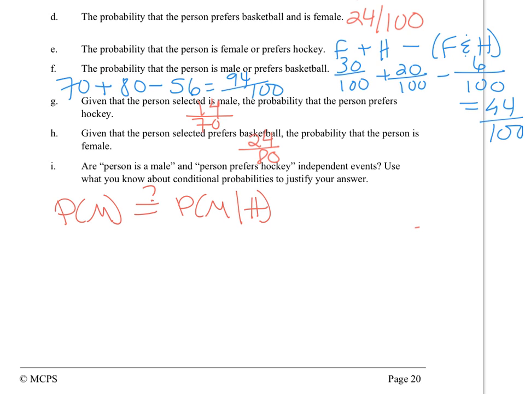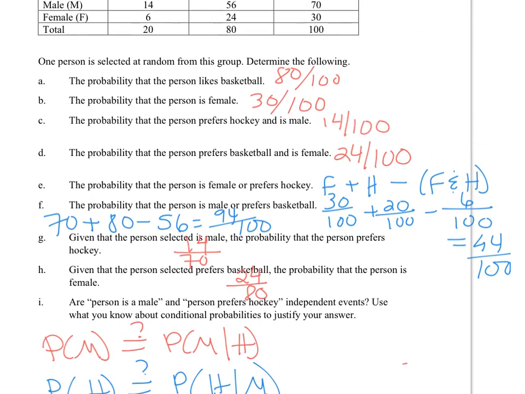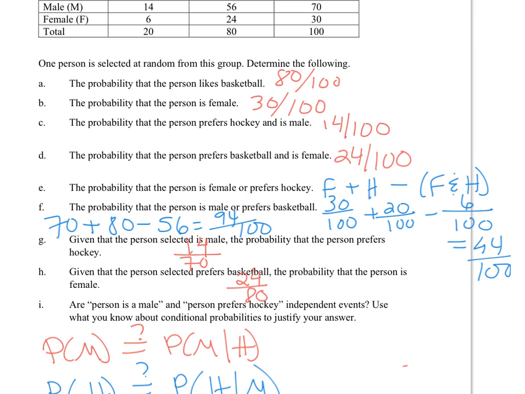You could also show probability of hockey, is that going to be equal to the probability of hockey given male. So let's just do the top red one so I have space to see my chart. Probability of male is 70 out of 100.